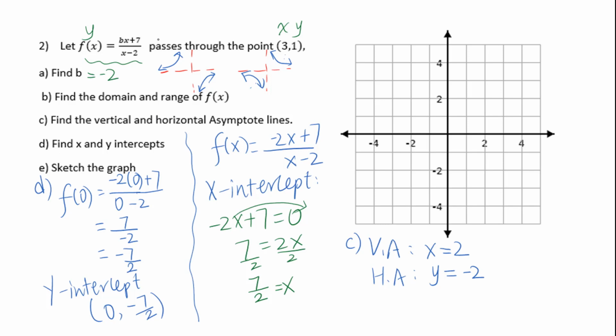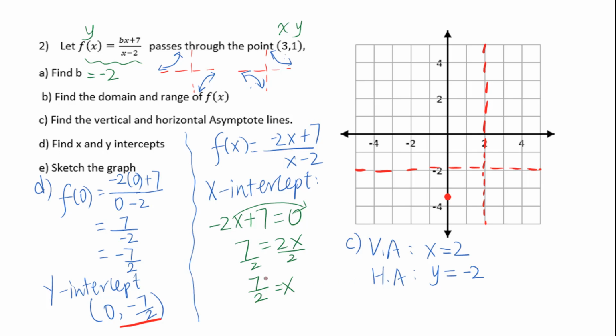First step, let's sketch the vertical and horizontal asymptote lines. x equals 2 is here. y equals negative 2 is here. Then find the y-intercept. (0, negative 3.5) is here.